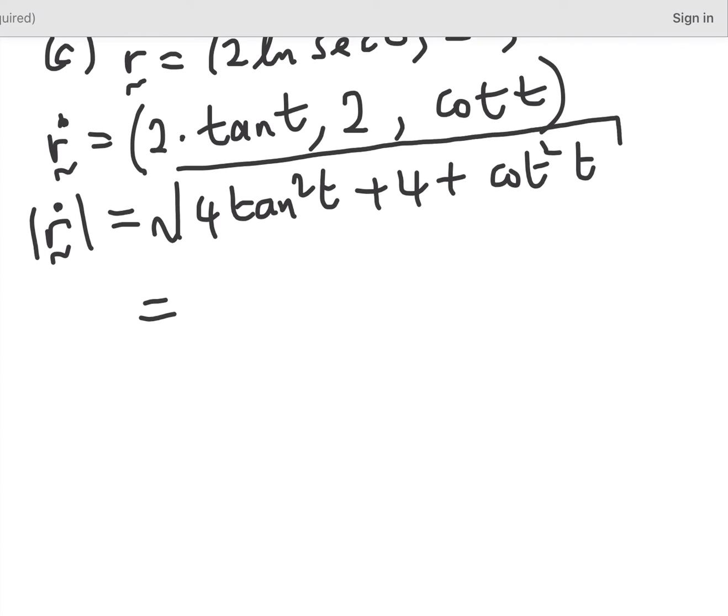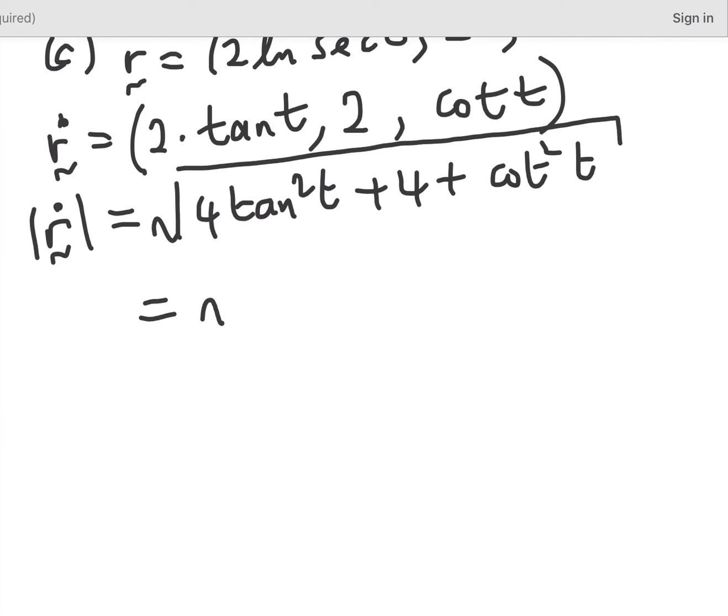mod of r dot. Okay, so what we can do here is write everything as a common factor, keeping in mind that we can write this as a perfect square, in fact, right?